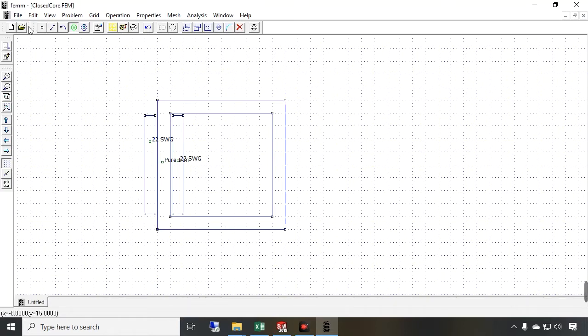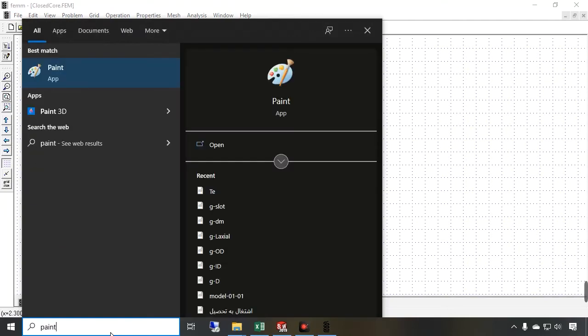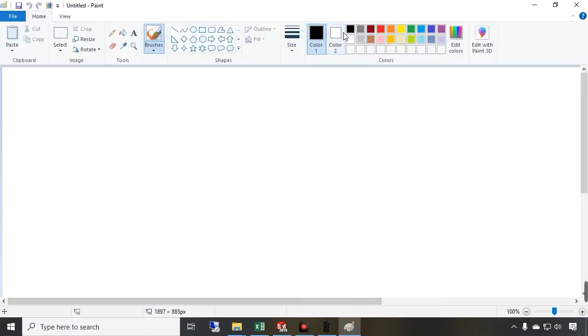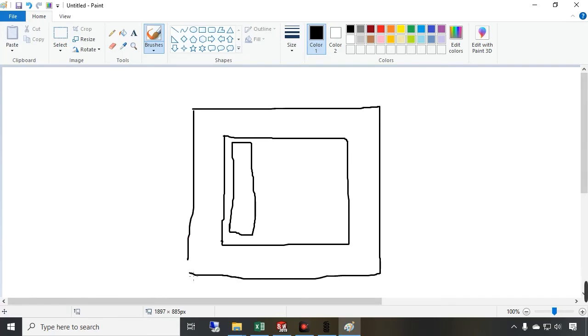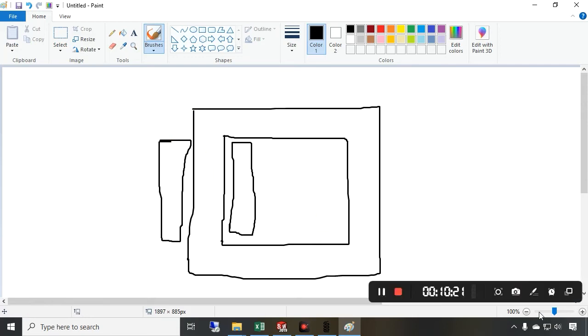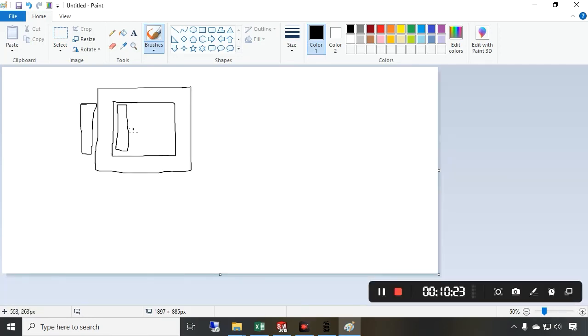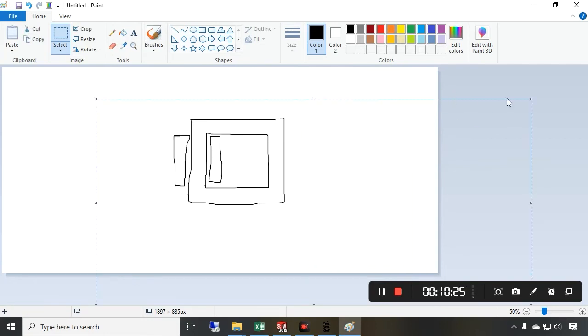So we should consider a region to simulate the infinity of this problem. So we have two coil arms and one iron core.